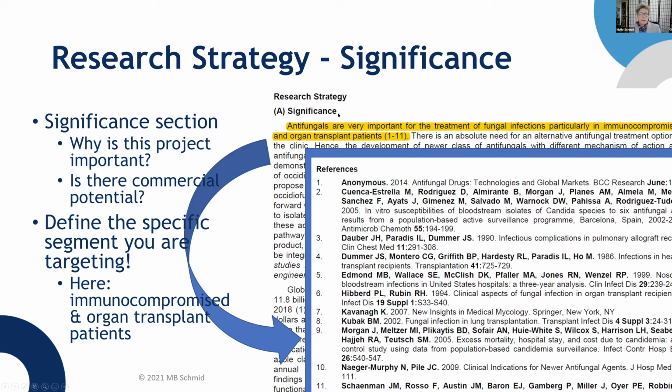And in the Smith proposal, you'll see the very first sentence of the significance section is a statement that antifungals are really important for the treatment of fungal infections, particularly in immunocompromised hosts, in organ transplant patients. And then there are 11 references, right?